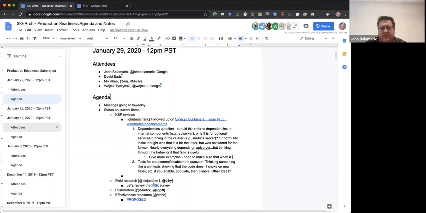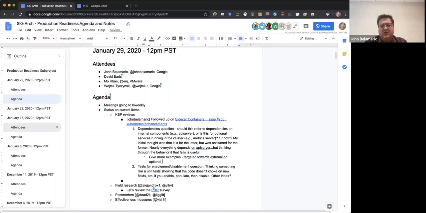So I think what I'm hearing is that we want this to be targeted at external or optional cluster components.